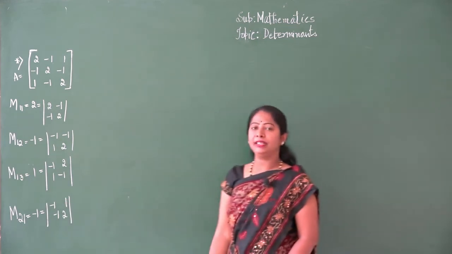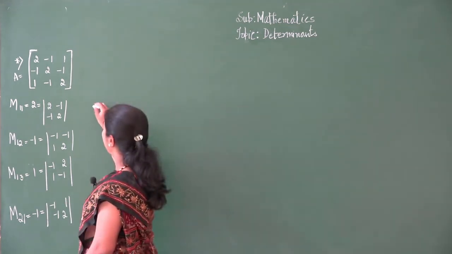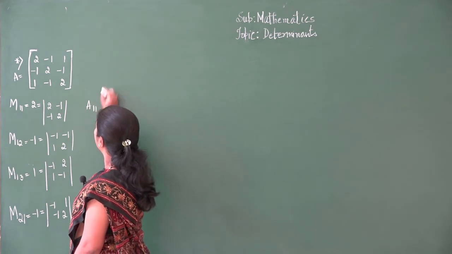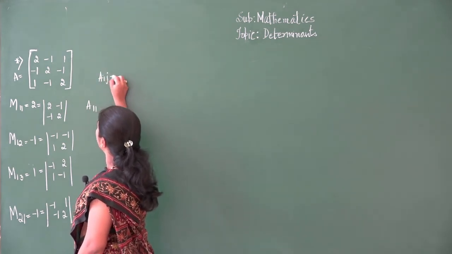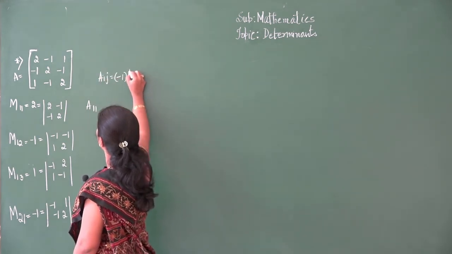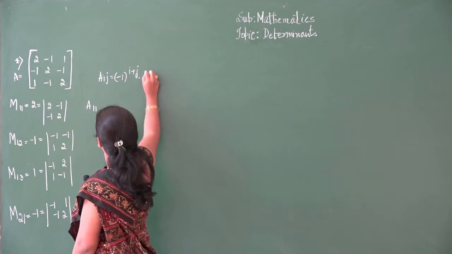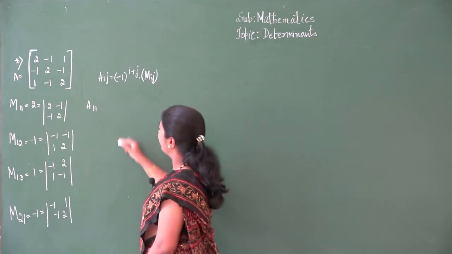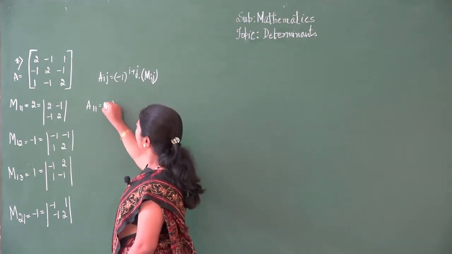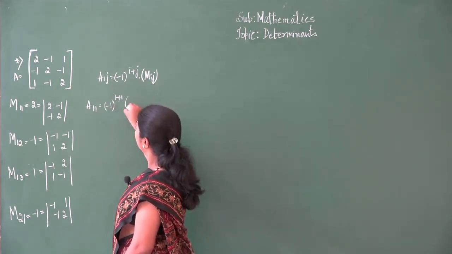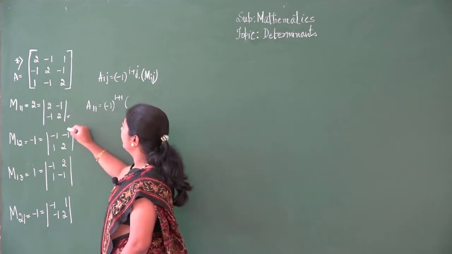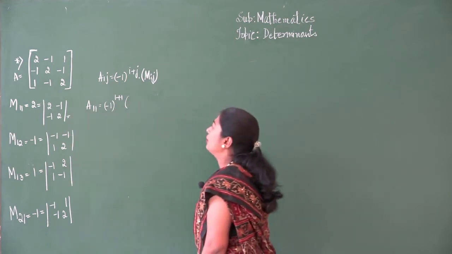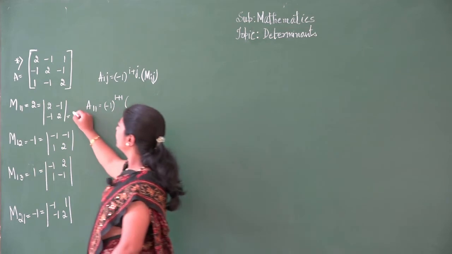Simultaneously, we shall find A11. What is A11 given by? In general, what is Aij? Minus 1 to the power i plus j into Mij. So, what is A11? Minus 1 to the power 1 plus 1 into the value of M11, which is 4 minus 1, that is nothing but 3.